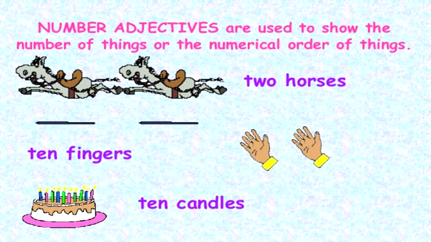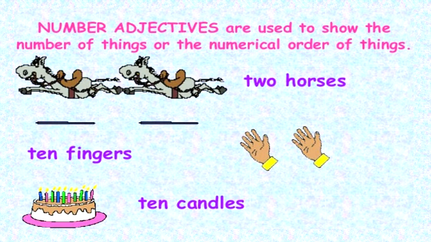You can see on your screen there are 2 horses. Horses is a noun. So the word 2 tells us about the number of horses. Right? So the word 2 is our adjective of number. In the same way, 10 fingers.